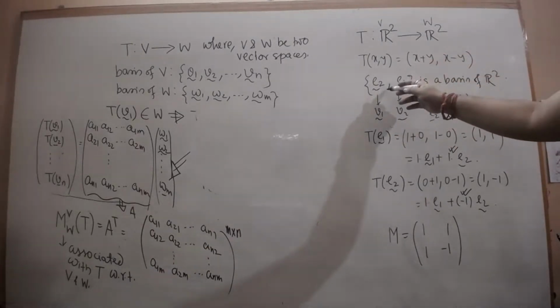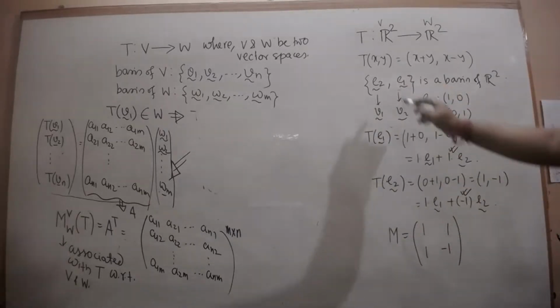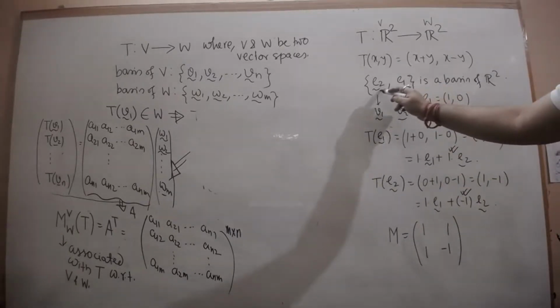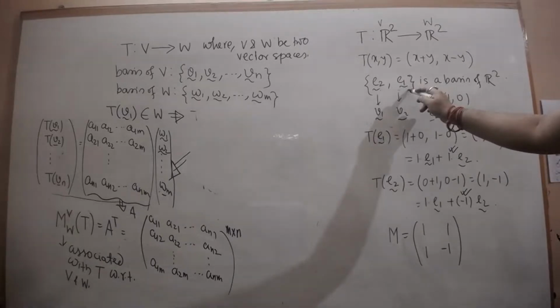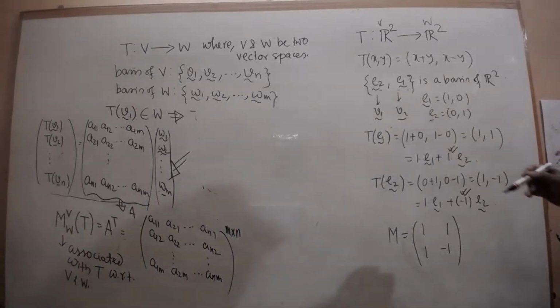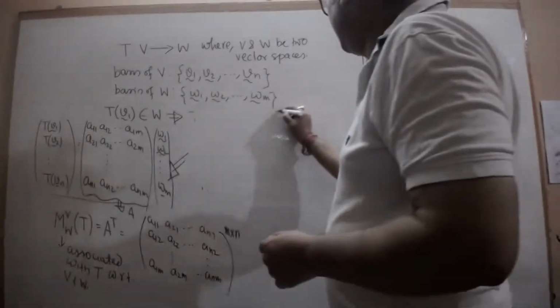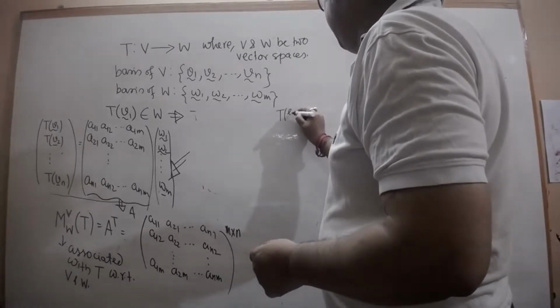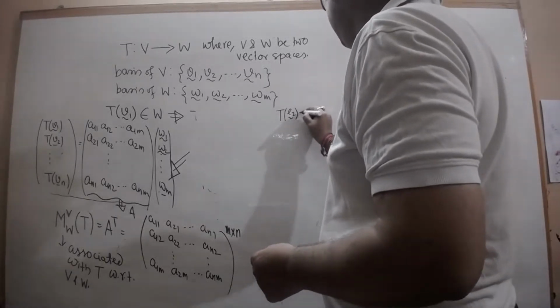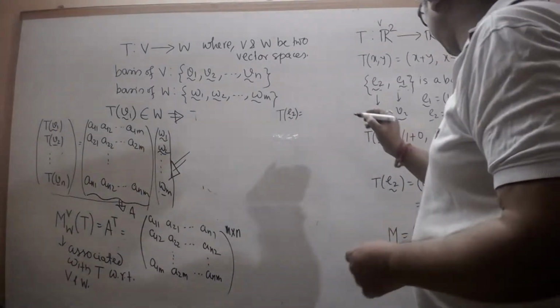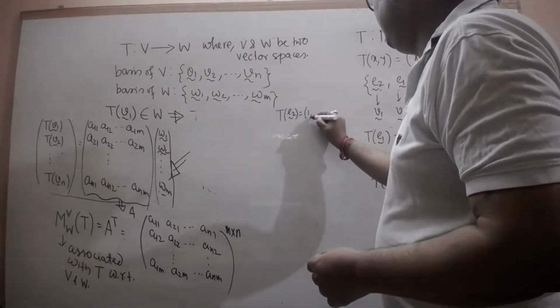So if you take e1, e2, your aim is this. If you change the order of vectors in a basis, instead of e1, e2, you take the order e2, e1, then you see that T(e2) gives (1, -1).